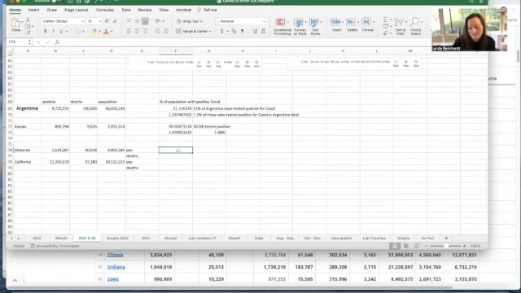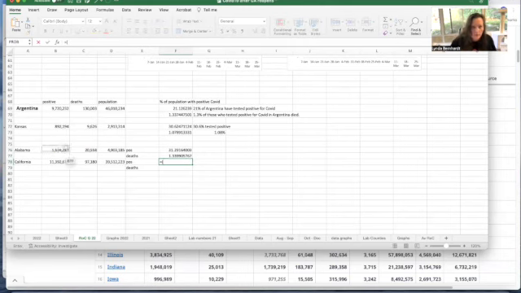Okay. Number of positive cases. Again, we are going to take the number of positive cases divided by the population. And then this one will be the number of deaths divided by the number of cases times 100.